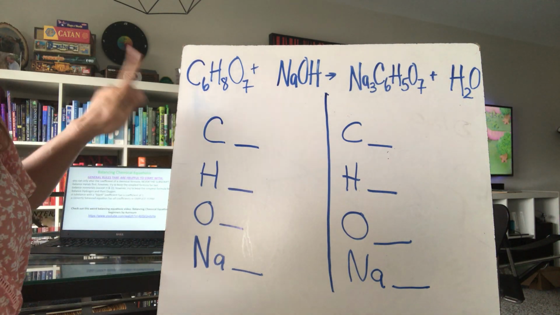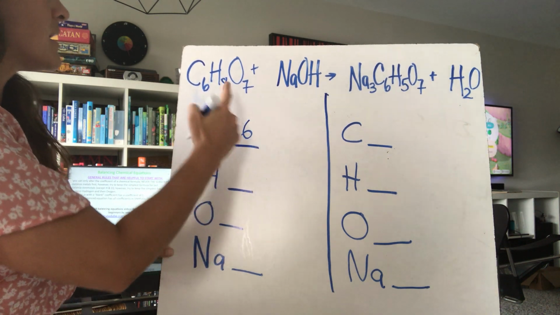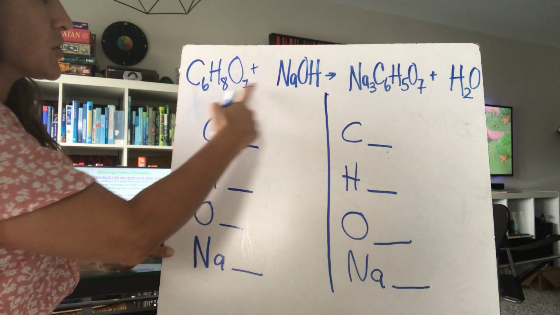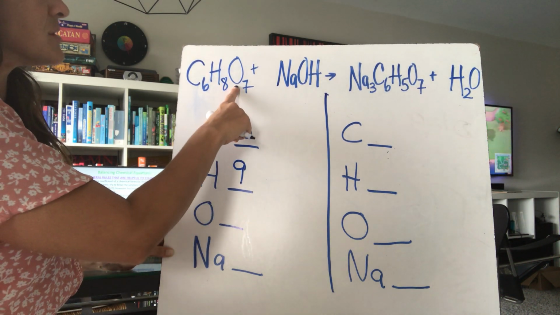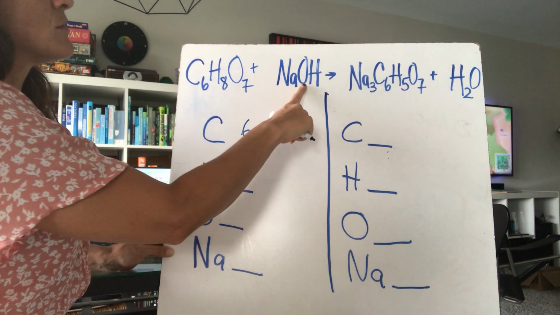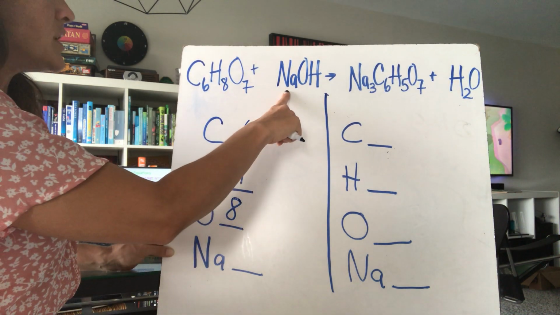Now, carbon, there are 6 of them. Hydrogen, there's 8 here, but 1 here, so 9. Oxygen, 7 here, 1 here, 8. Sodium, just 1.